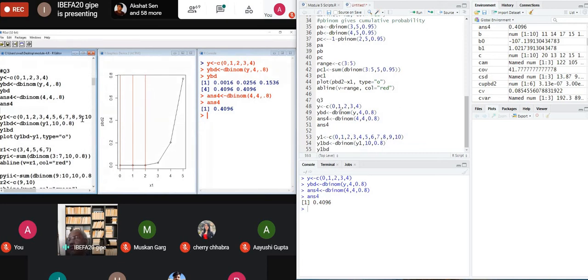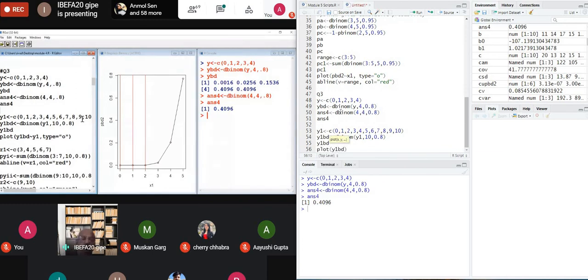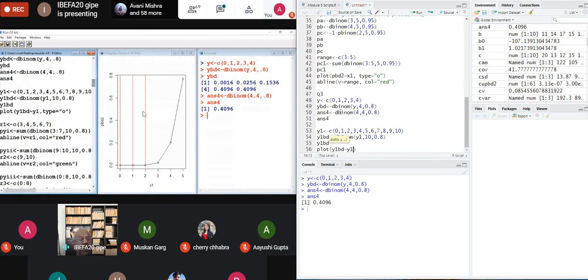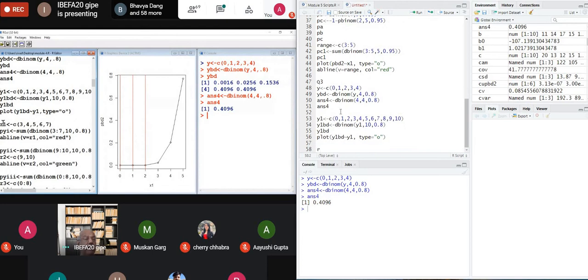So you now got D binom as well as P binom. Let us do the same question for 10 students. So Y will be 0 to 10.